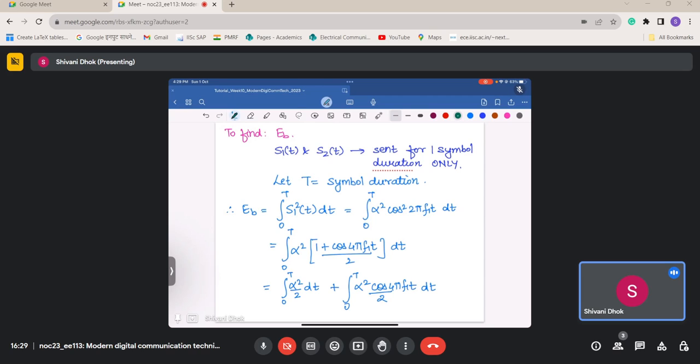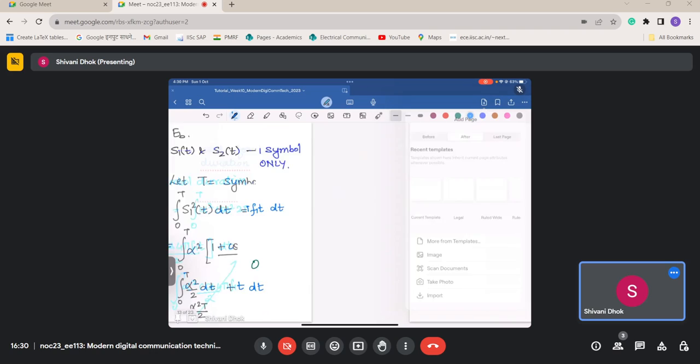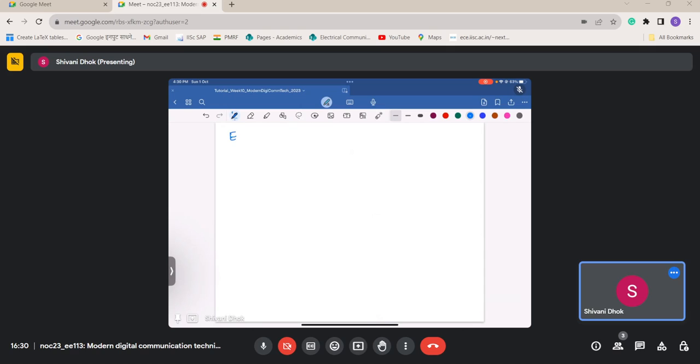Now generally these f1s are some integer multiples of 1/T, or these f1s are very large, so this integral can be considered as 0. So what we are left with is only the first integral, which evaluates as alpha square T by 2. So what we are having is EB is equal to alpha square T by 2.